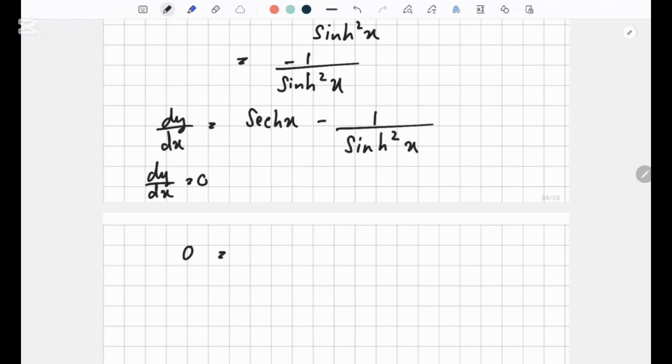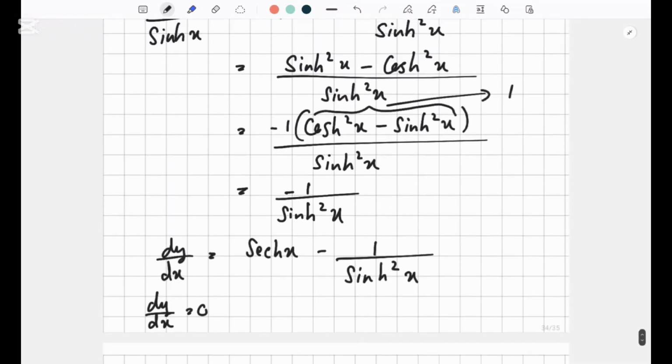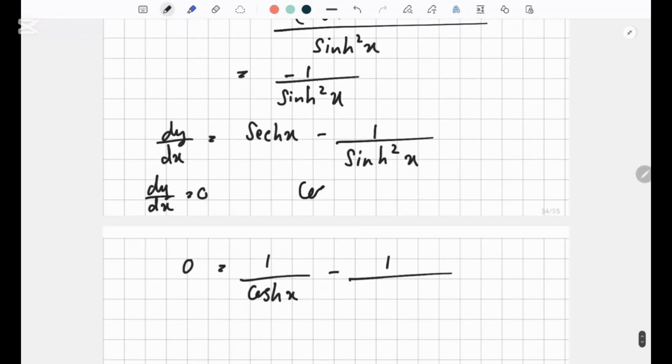So I can write sec x as 1 over cos x minus 1 over, and for sin squared x, because we know cos squared x minus sin squared x equals 1.